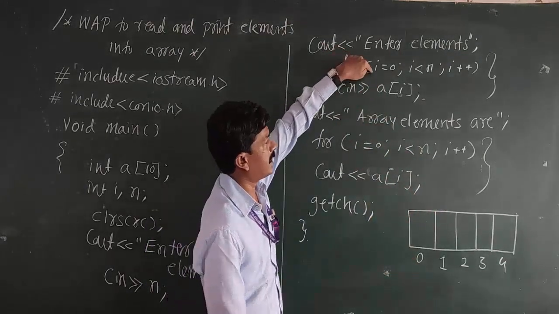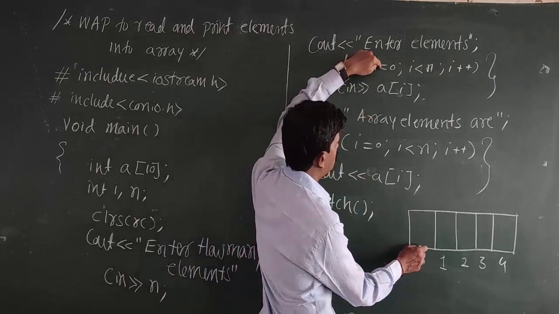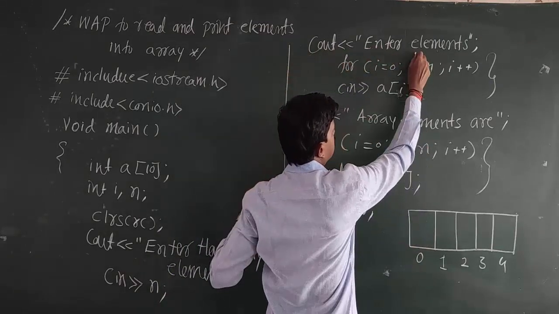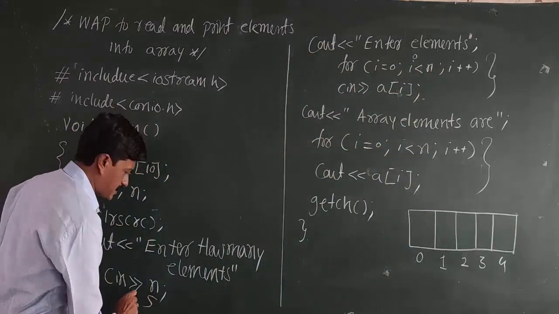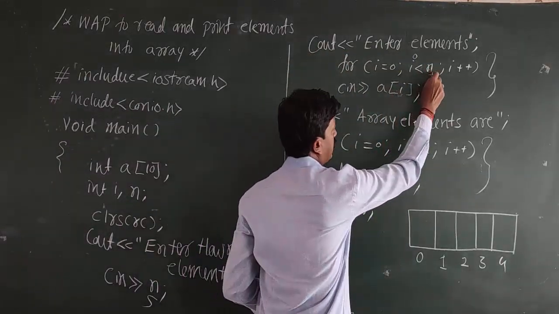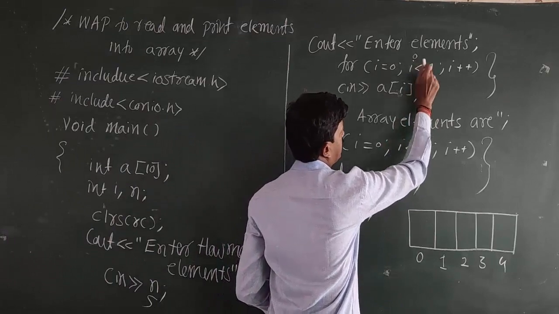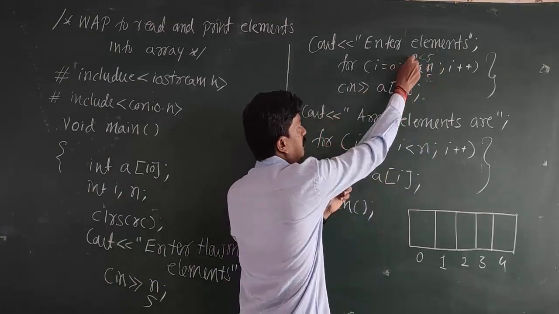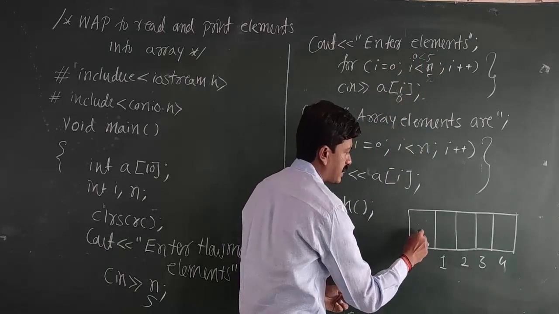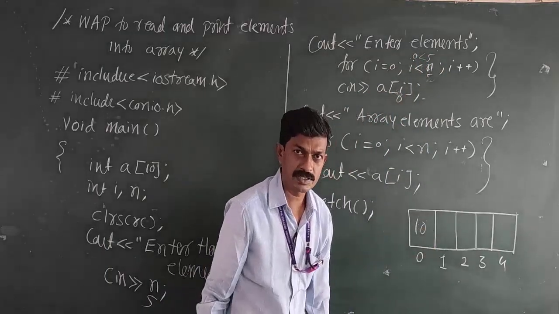For loop: for i equal to 0, from the 0th index, i is 0, and n is 5. I am going to read 5 elements. 0 is less than 5, the condition becomes true, enter the loop. The i value is 0, so at the 0th index I am going to insert an element, 10.